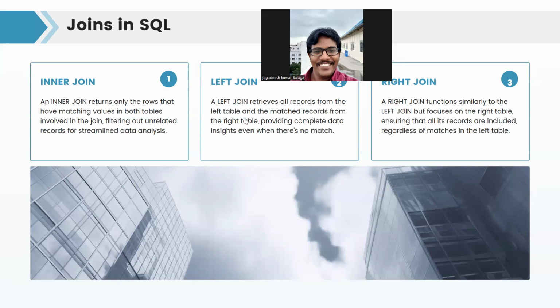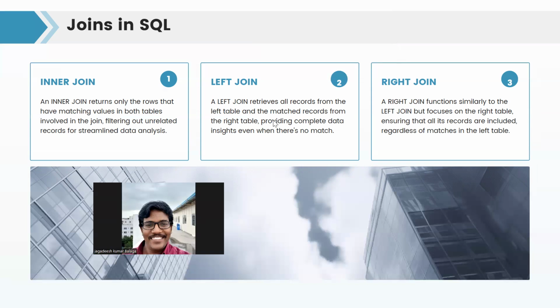When we write left join, we get the matching records from the left table and the matching records from the right table. So we will get a combination of left and right, more of left. So right join is opposite to left join.